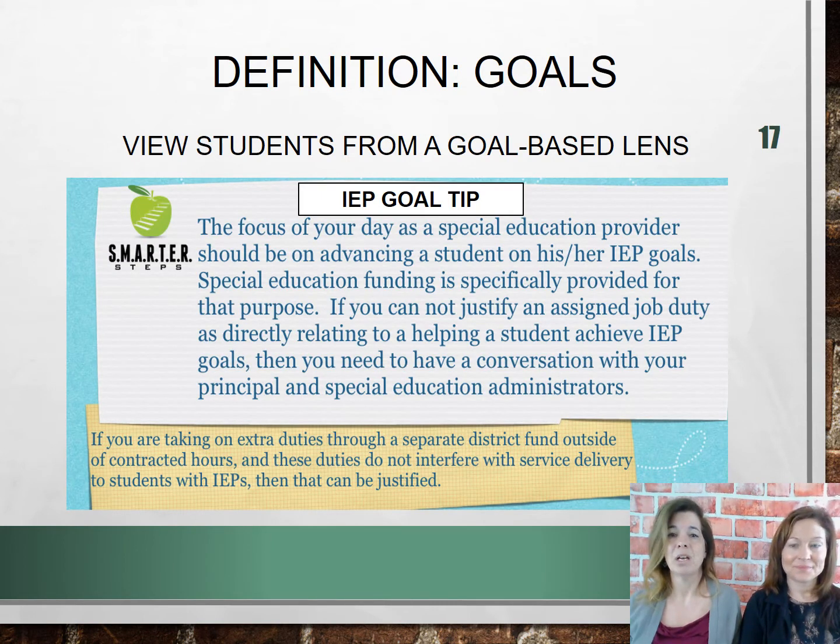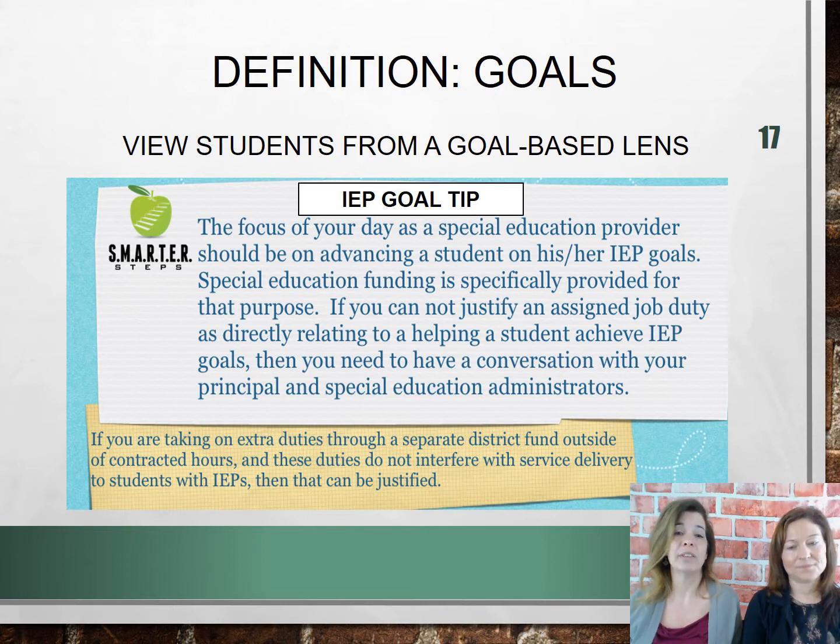Absolutely. So we're going to talk a little bit about some definitions. I think it's really important that we remember we need to view the students from a goal-based lens. I think all too often we get sidetracked on those other duties that we were just talking about, this bus duty and all those other things, that we lose focus on what we're supposed to be doing.